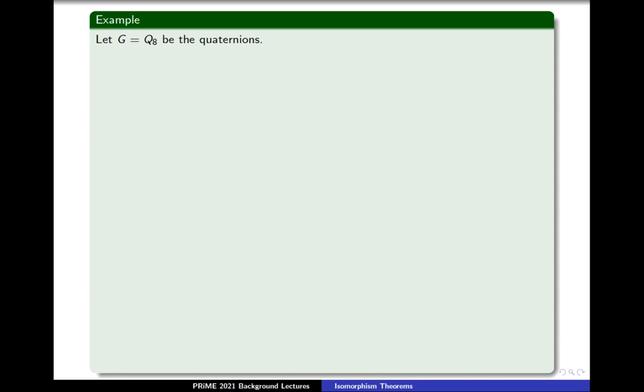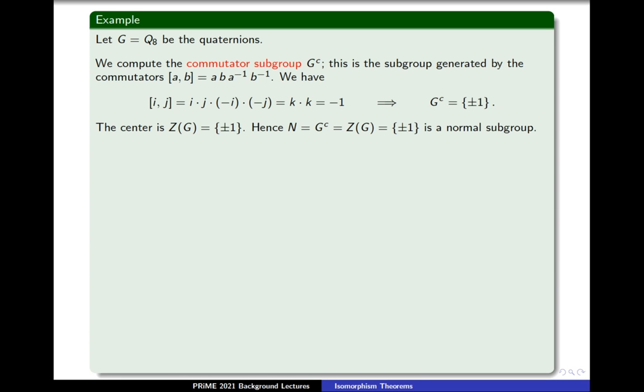Let's see an example. Let G be Q sub 8, the quaternion group of order 8. We can compute the commutator subgroup G upper C. This is the subgroup generated by the commutators. Just recall, the commutator of a and b is equal to a times b times a inverse times b inverse.